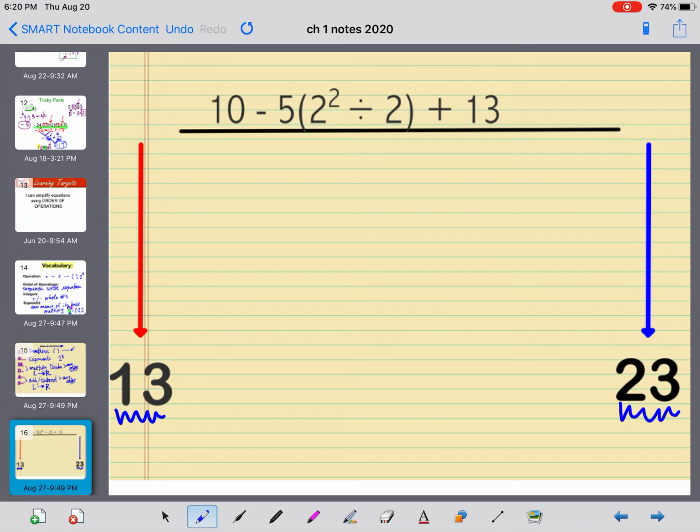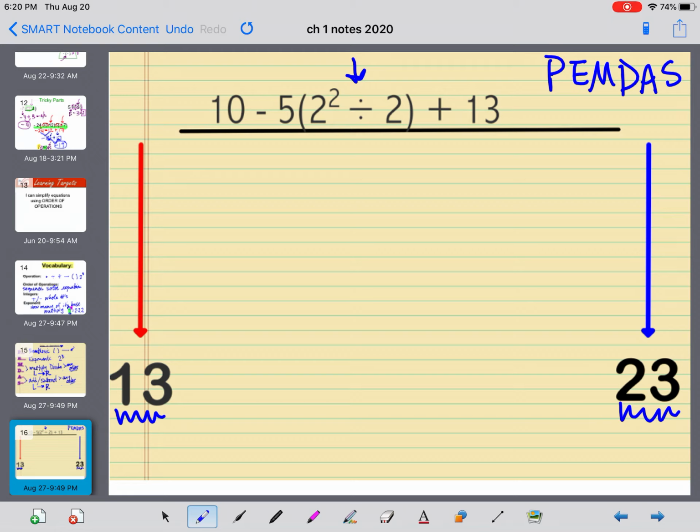Okay, I'm going to work my way through it. Order of operations says parentheses, exponents, multiply, divide, add, subtract. So the first thing I'm going to do is look inside the parentheses right here. And once I get inside the parentheses, I go through the order of operations again.